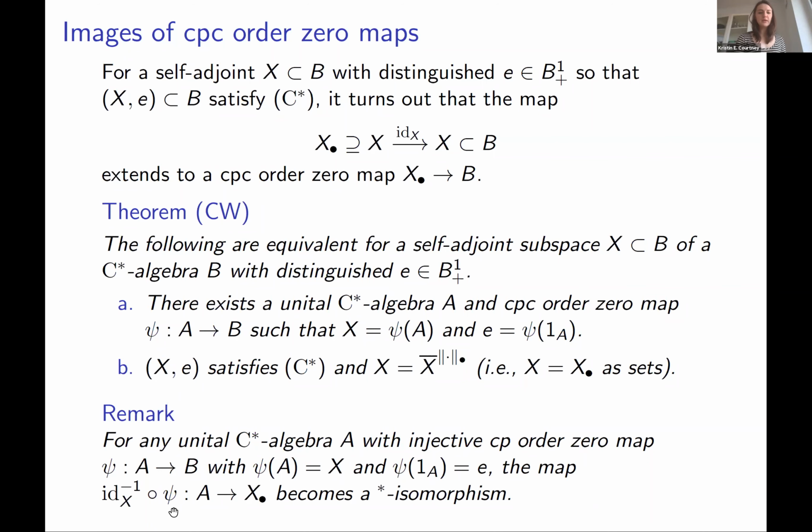And what we get when we compose the map psi into X sitting inside of B and then back into X sitting inside of X bullet, the composition of these two order 0 maps gives us a genuine star homomorphism that just passes through X as a subspace of B. Its image is going to be a dense subspace, so we actually do get a surjective star isomorphism between A and X bullet.